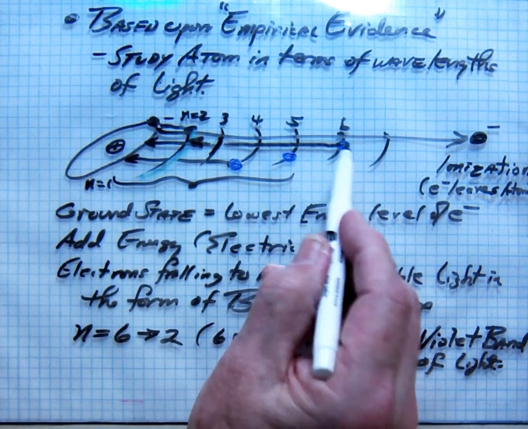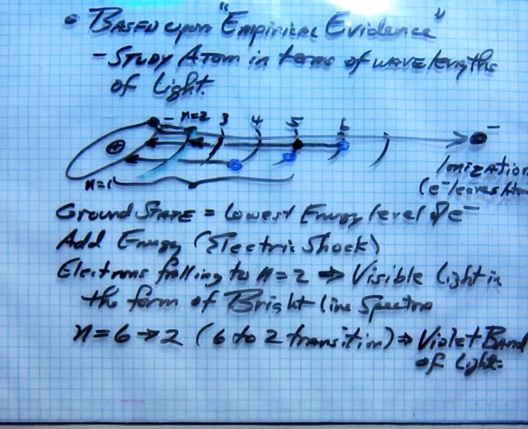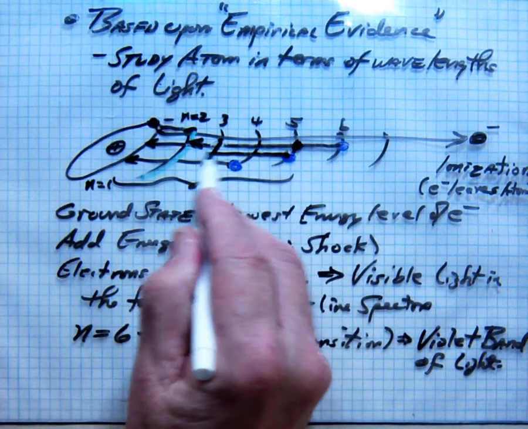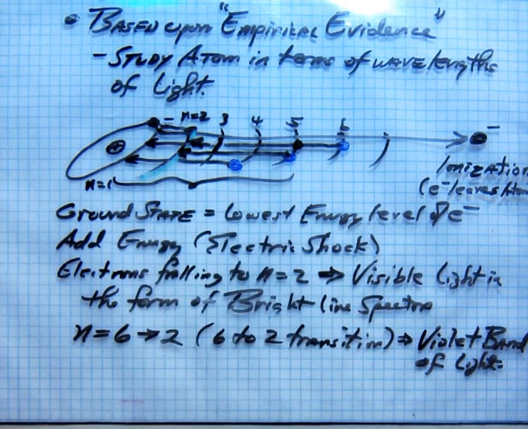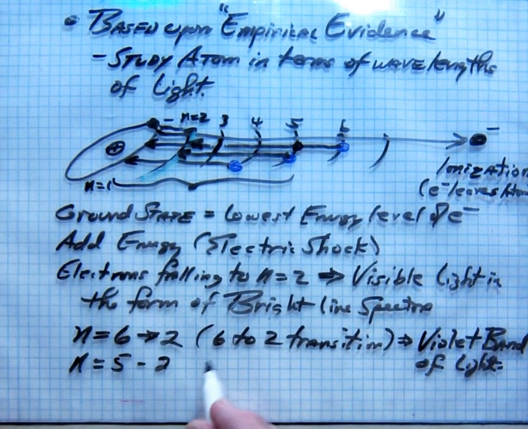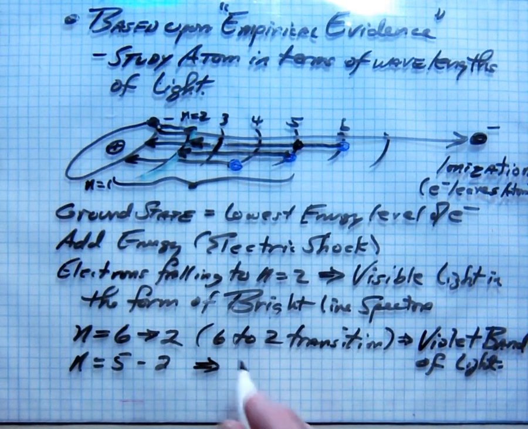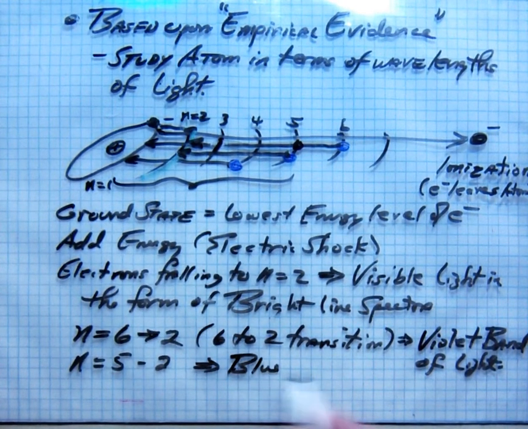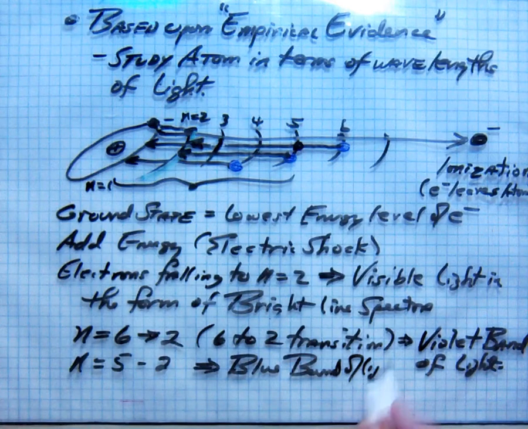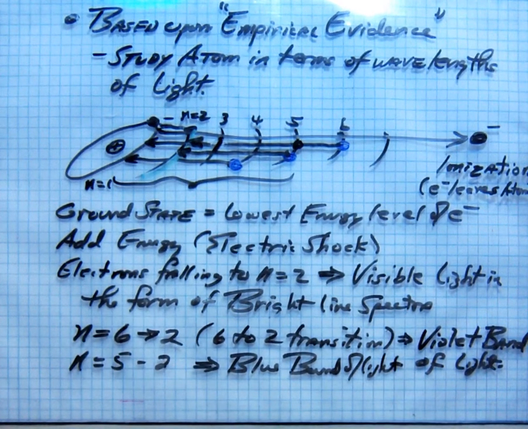If we go from 5, say this number 5 right here, goes to 2, right there. So n equals 5 to 2. It gives a blue band of light. Okay, so we have a blue band of light. We have a purple band of light right here.